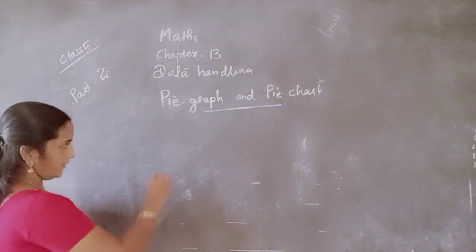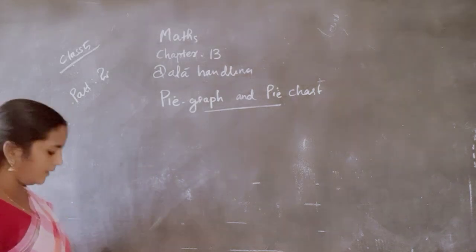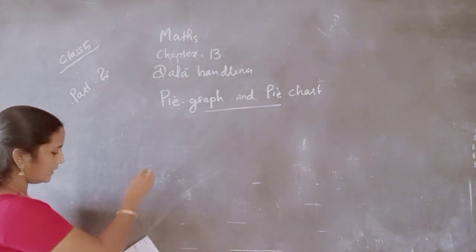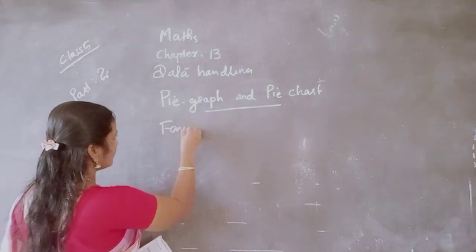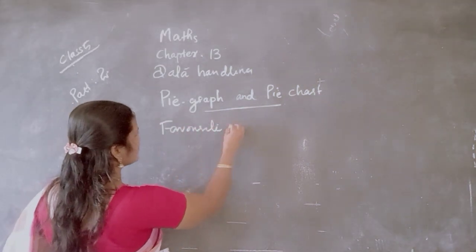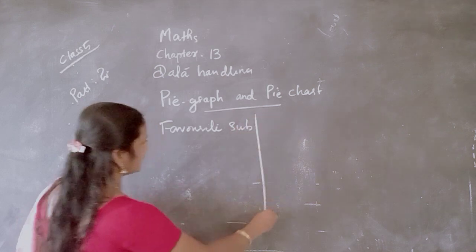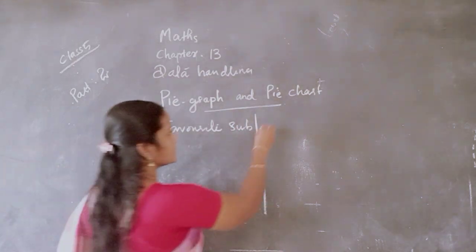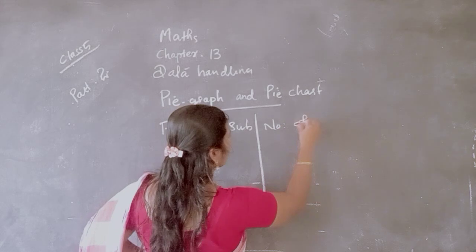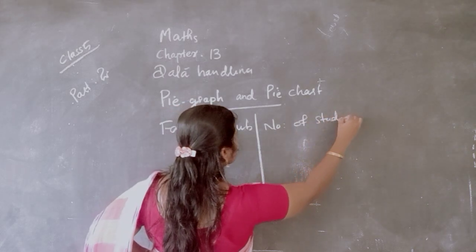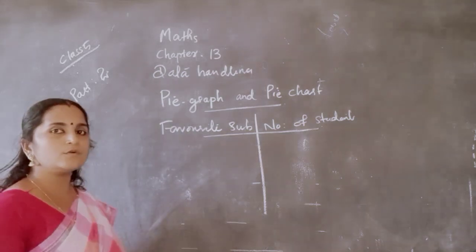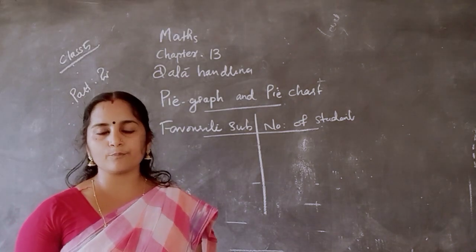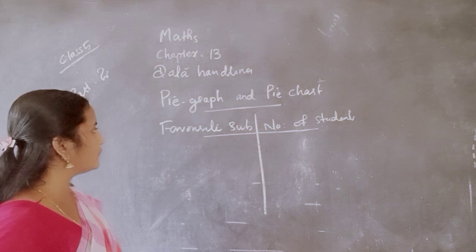Here I discuss using an example. Here in your text we have an example. The favorite subject and the number of students is given. We want to draw a pie chart or pie graph for this information.